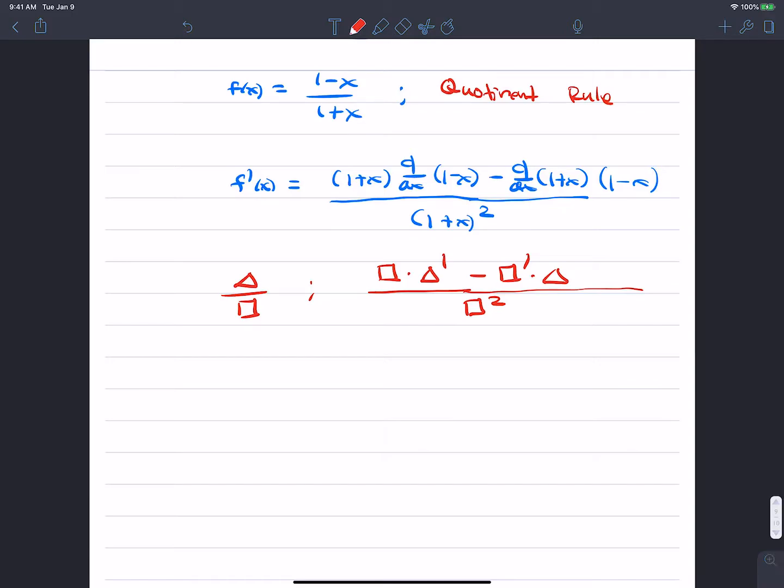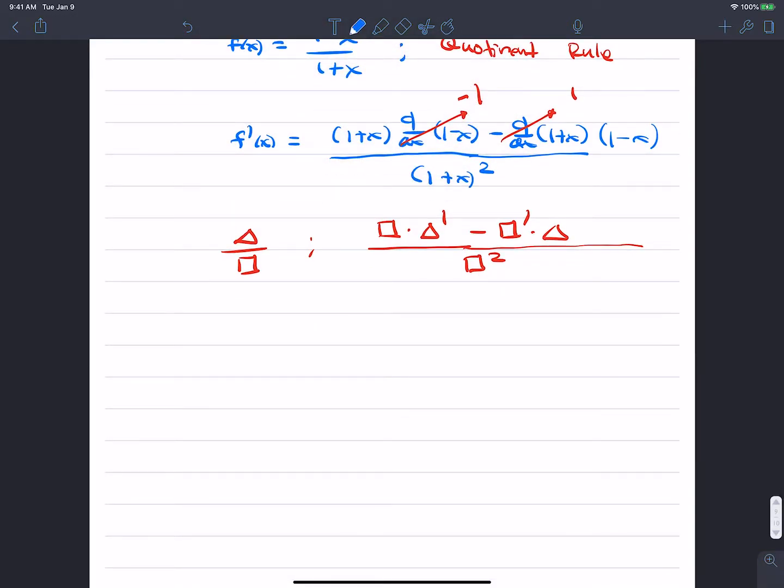Because now we just take the what? Take the derivative here. The derivative of 1 minus x is negative 1. The derivative of 1 plus x is actually positive 1. Is that right? Okay.